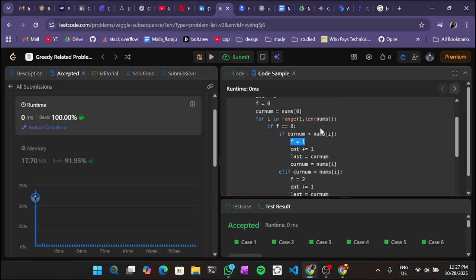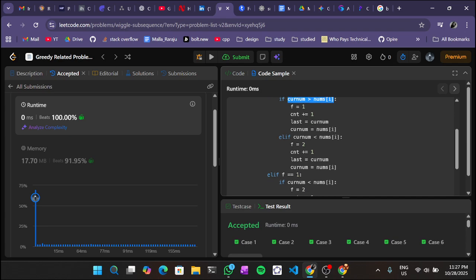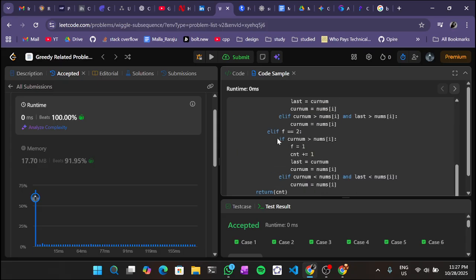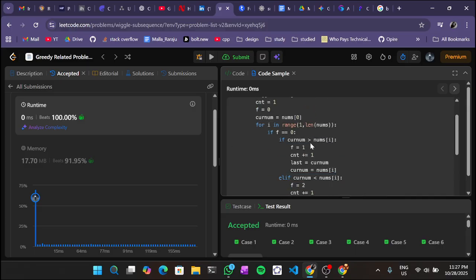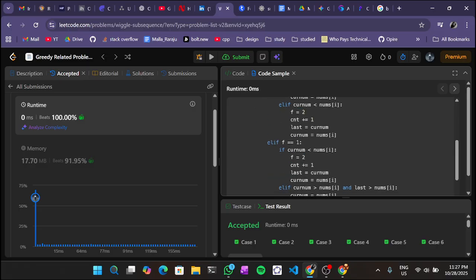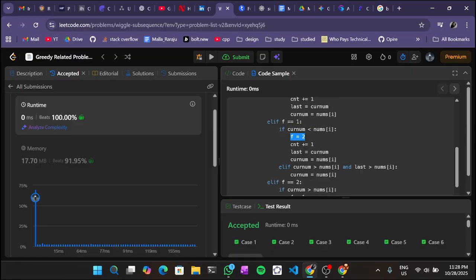This means 1 for positive, 2 for negative. If it is greater, f equals 1. Okay, f equals 2.